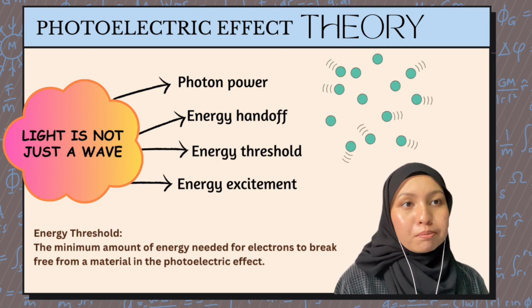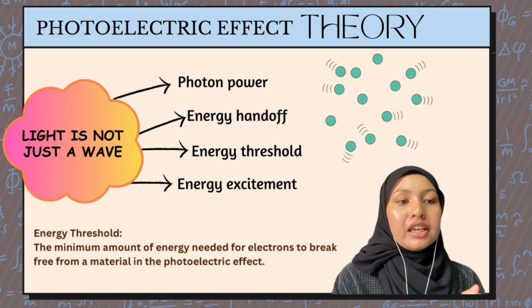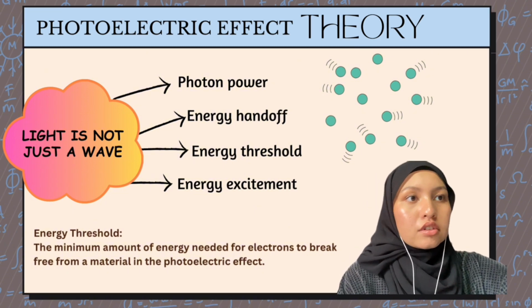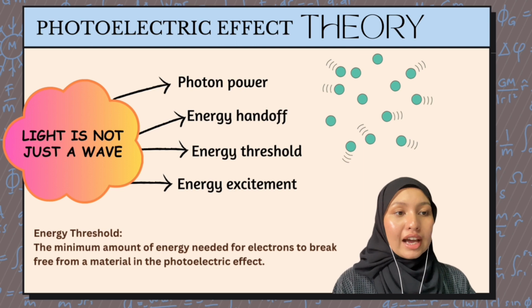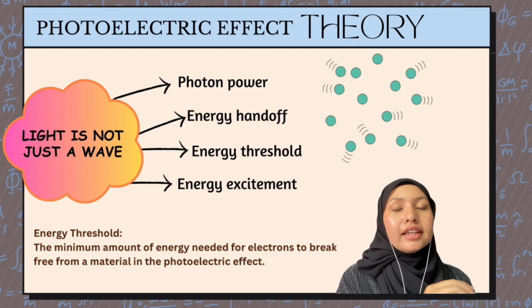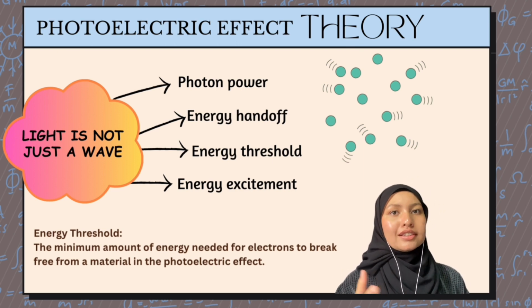Firstly, photon power. Photon power is when the light is made up of tiny packets of energy called photons. Next is energy handoff. It is when light or photons hit a material, it can pass its energy to the electrons in that material.